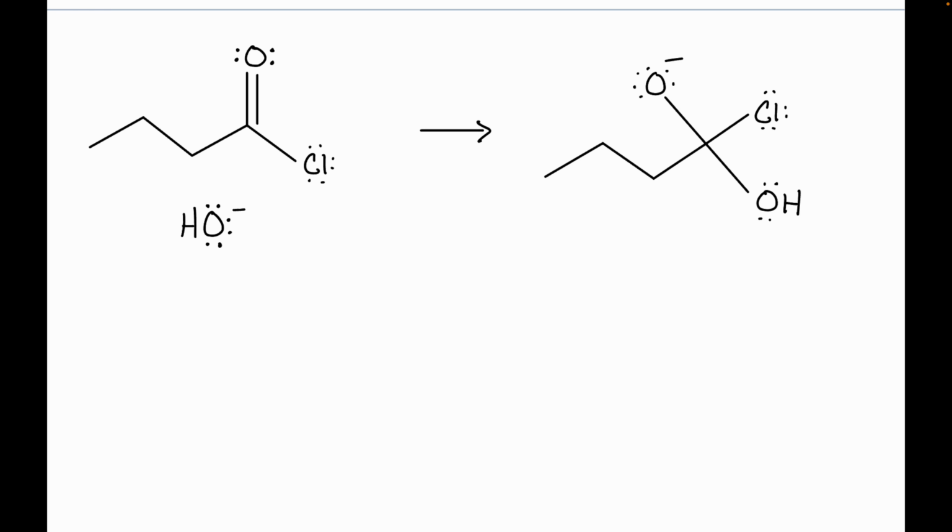Are we breaking any bonds? What are we breaking? Yeah, we're breaking one of those two carbon-oxygen bonds. Are we forming any new bonds? Which one? My oxygen and carbon bond over here is being formed. So where did that bonding pair of electrons come from?